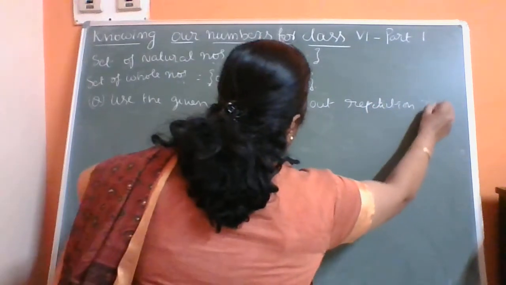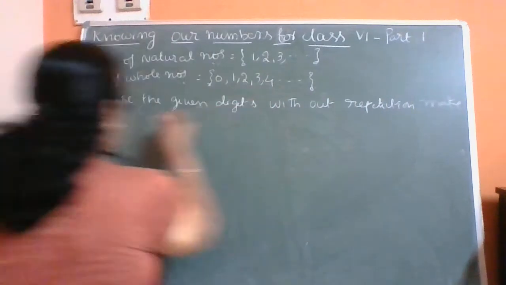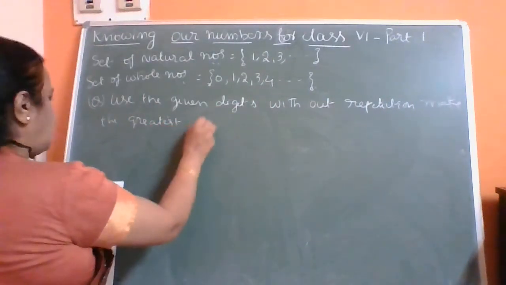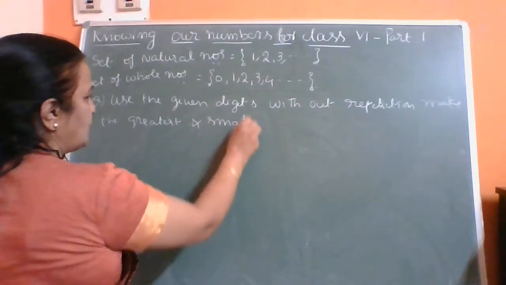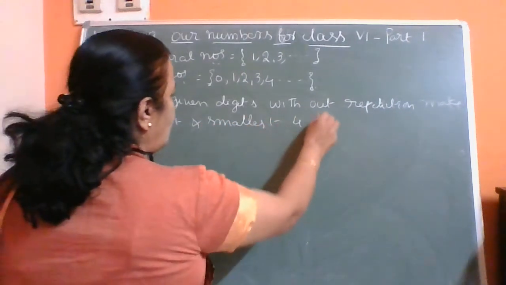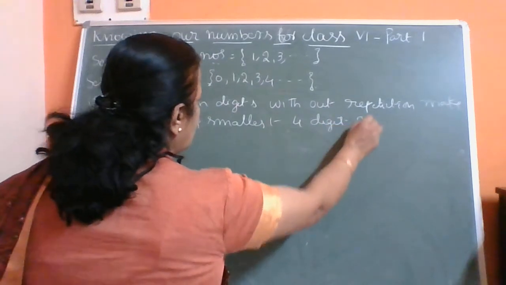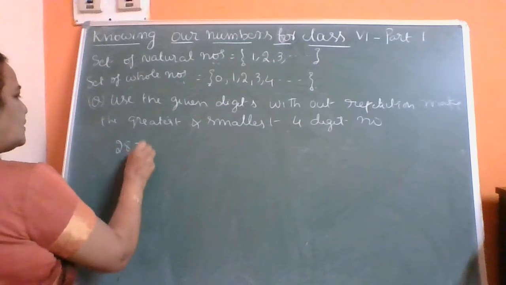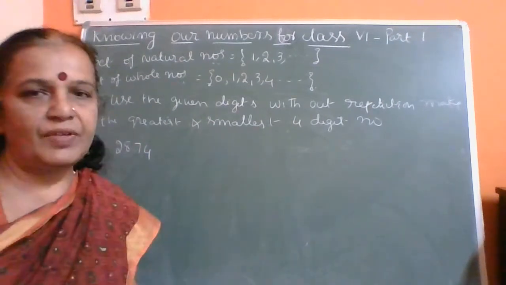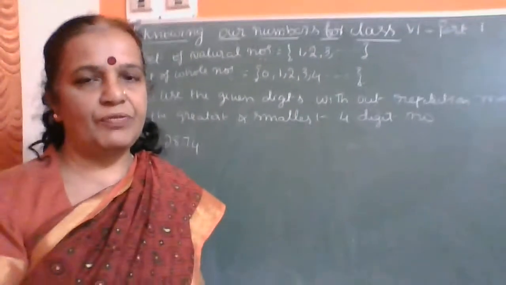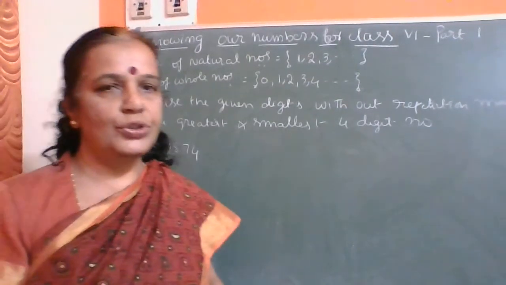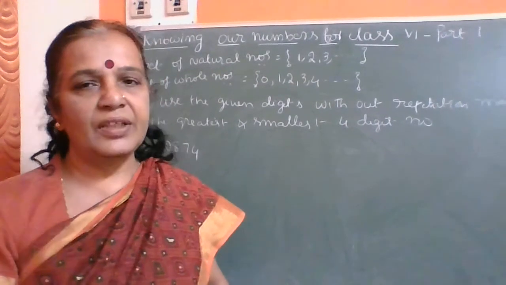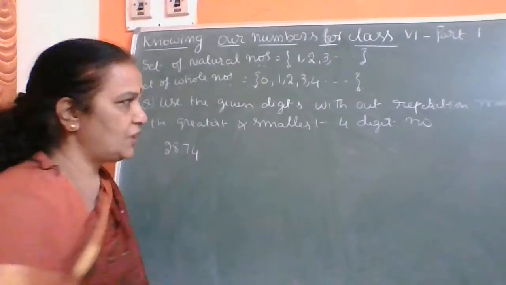Make the greatest and smallest 4-digit number, and they have given 2874. You have to use this and make the smallest and the greatest 4-digit number.